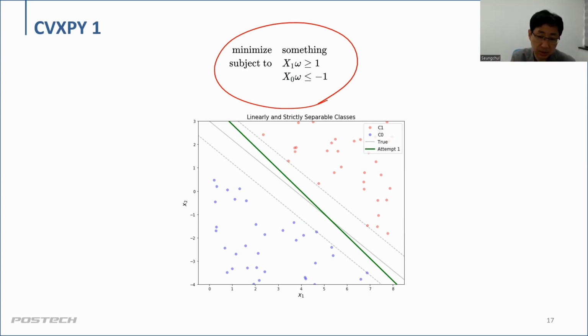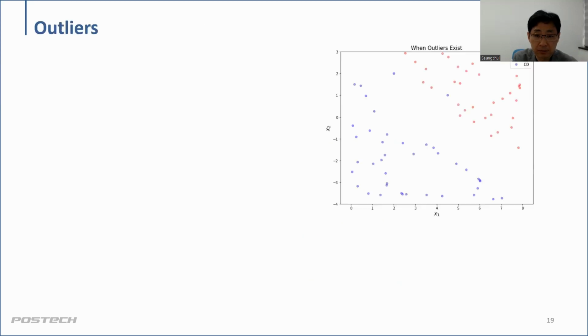Then let me ask, what if we have outliers? That means I intentionally introduce these data points to make the data set not linearly separable.